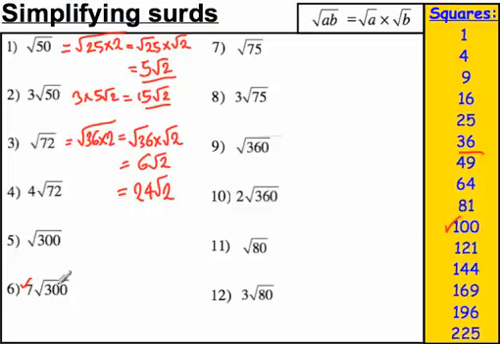So the square root of 300 is the square root of 100 times 3, which is the square root of 100 times the square root of 3, which is 10 root 3. But you wanted 7 lots of this, and 7 times 10 root 3 must be 70 root 3.